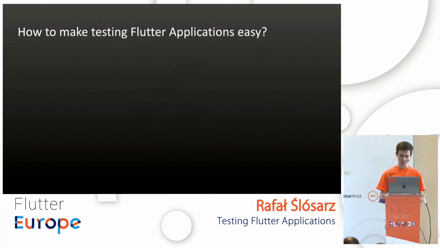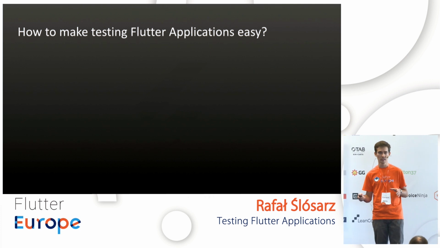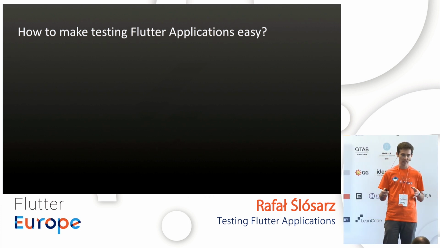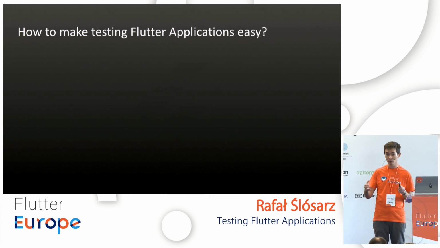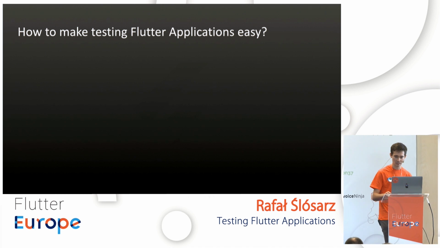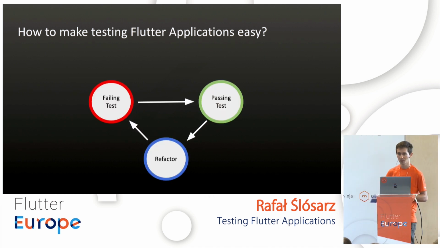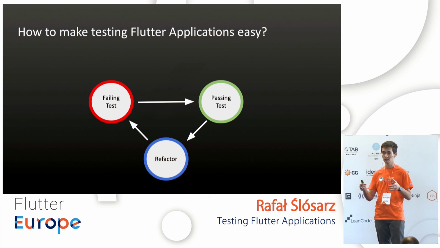Okay, so let's start with this question that I would like to settle here. How to make testing easy, but make those tests so easy that you can actually write them before you write your production code. Why so? Because it is actually quite fun when you're using TDD, test-driven development, when you can get a Jira ticket, for example, and simply write the test that exactly describes what's inside, and then you can write your code.